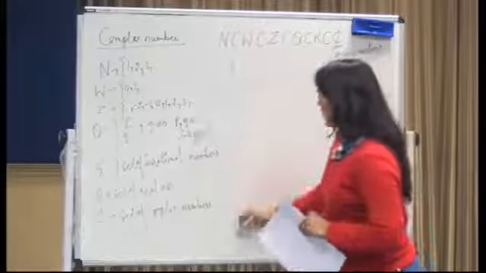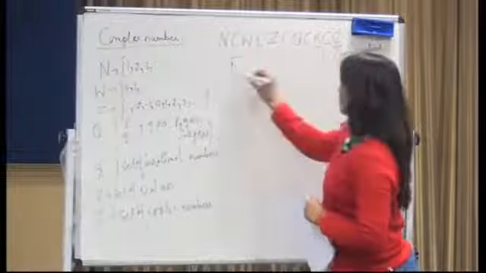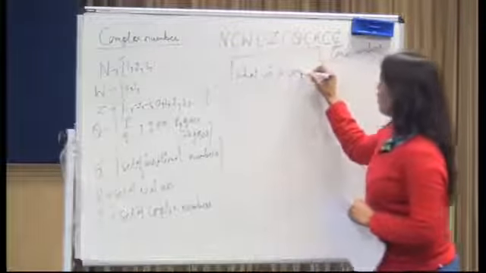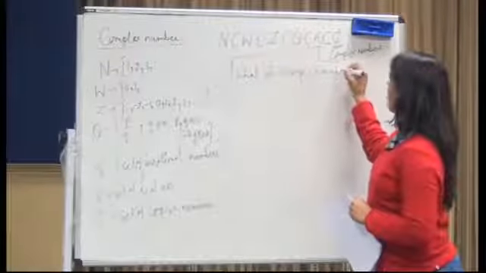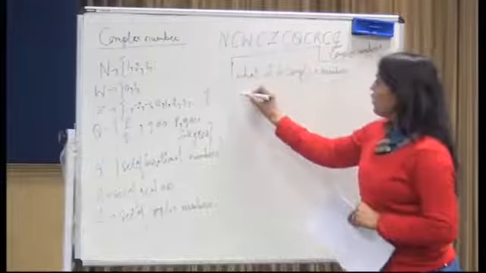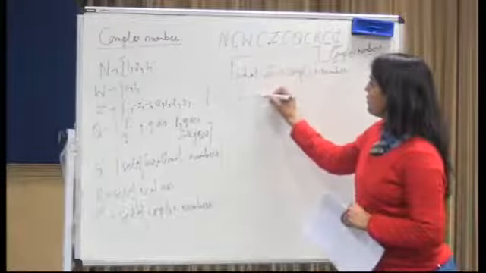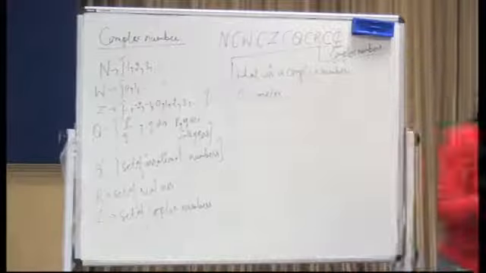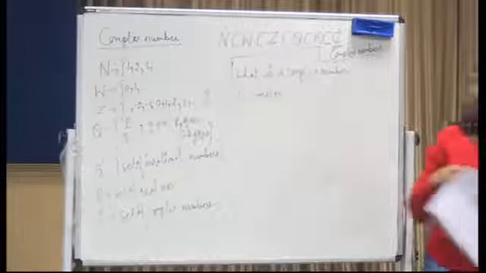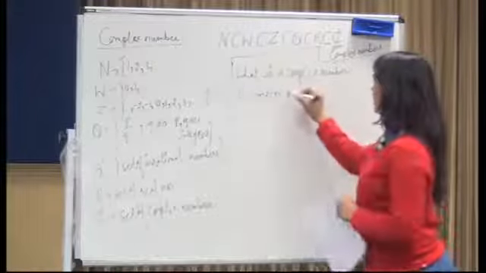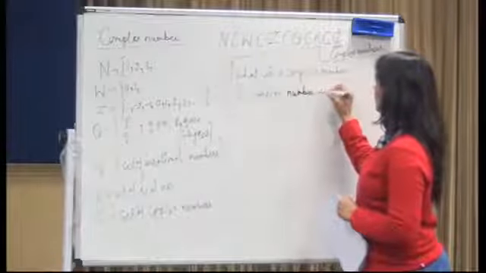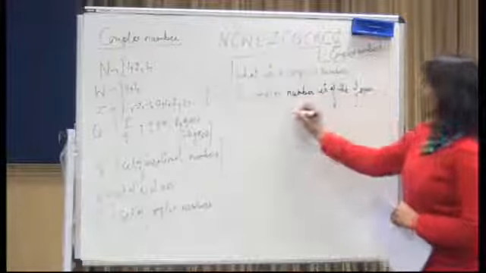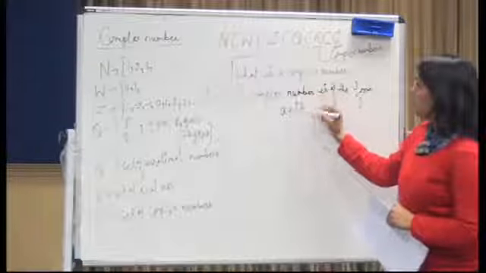So what is basically a complex number? I'll start with the definition. A complex number is of the form a plus ib.